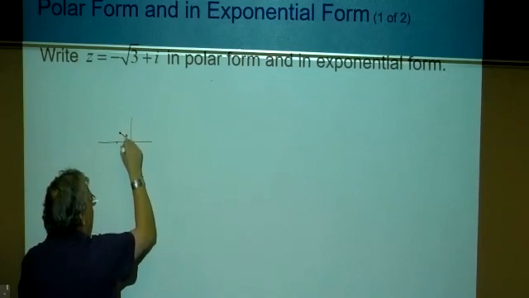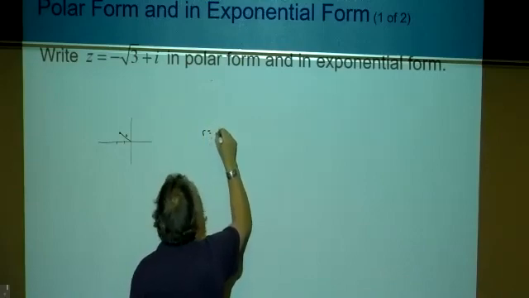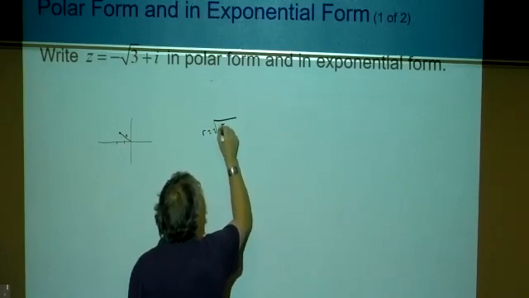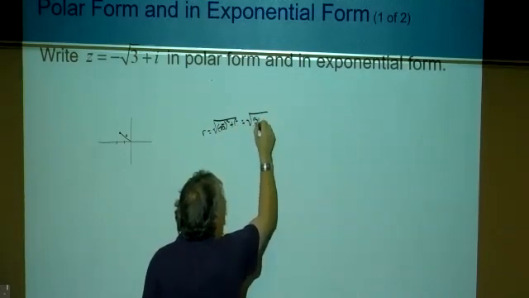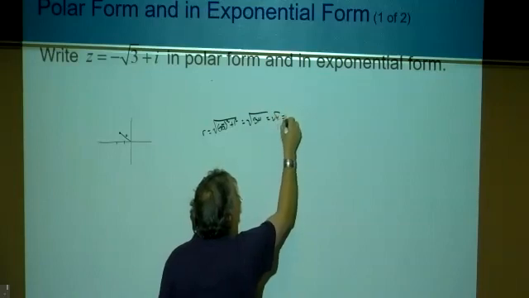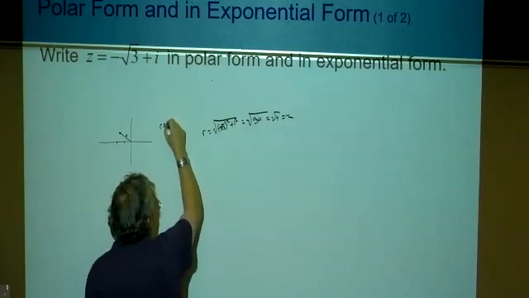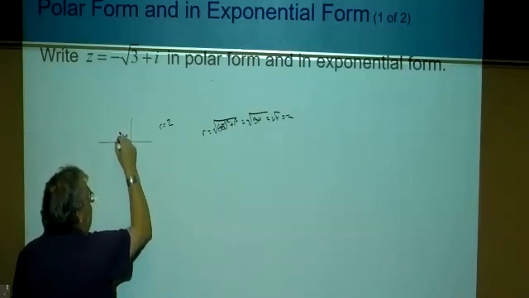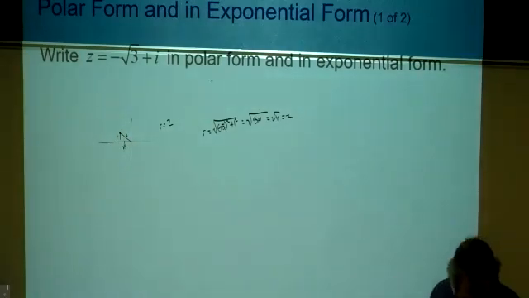So now we need to find out what r is. r equals the square root of negative square root of 3 being squared plus 1 squared, which is the square root of 3 plus 1, which is the square root of 4, which is 2. So the modulus r is 2. This is the square root of 3, and this is 1. So we could use inverse tangent to find out what that angle is. See how they do it.